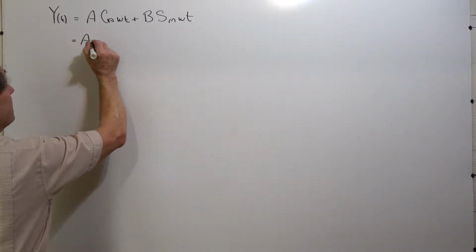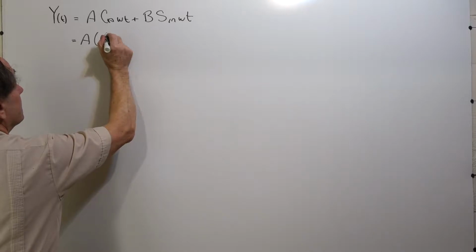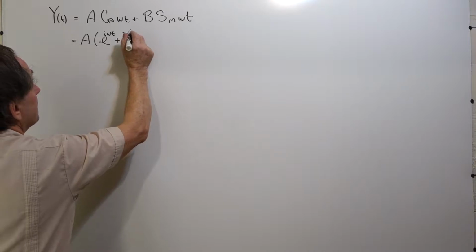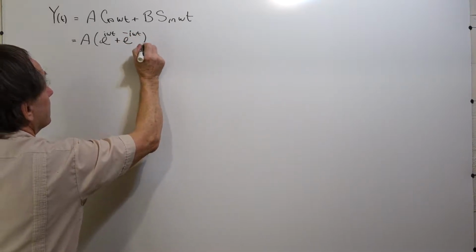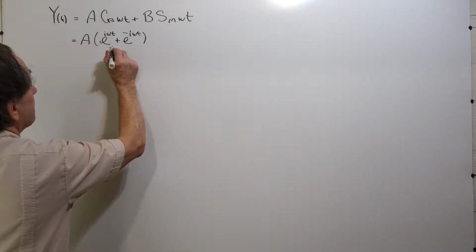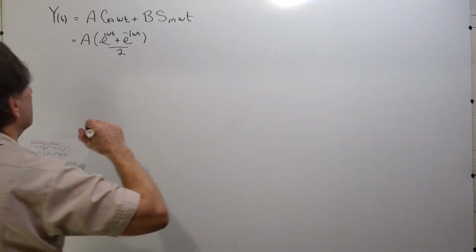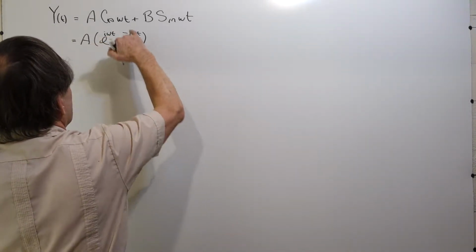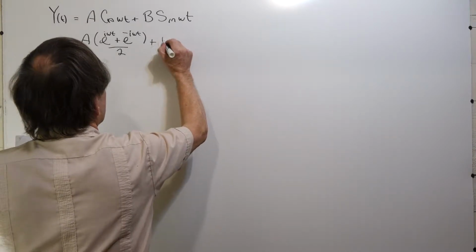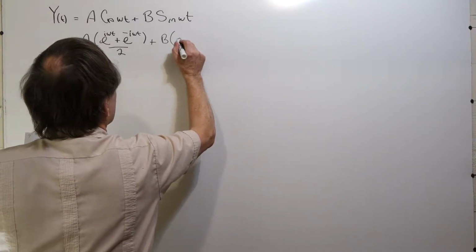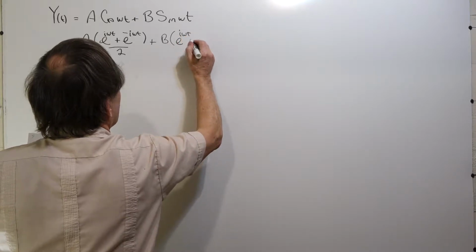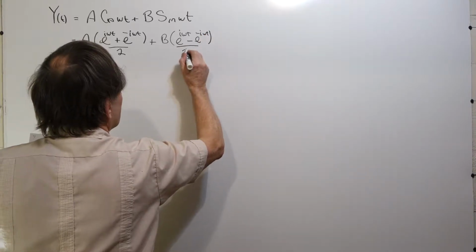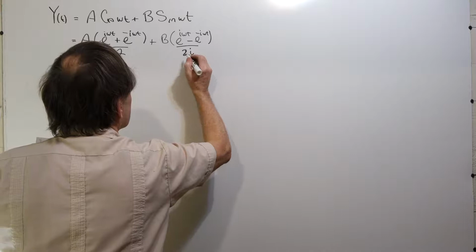So we have a times e to the j omega t plus e to the minus j omega t. I and j are both square root of minus 1. And that's going to be over 2. This is our cosine equivalent in exponentials. Plus b times e to the j omega t minus e to the minus j omega t, and this will be over 2j for the sine.